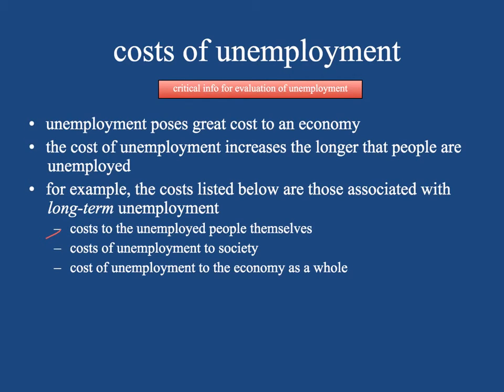Okay. Then let's take a look at what about the costs of unemployment to society? Well, the social cost of unemployment could be seen in higher levels of poverty, homelessness, higher rates of crime, vandalism, right? And while it may be a simplification to blame these problems of homelessness and poverty on unemployment, they're not unconnected.